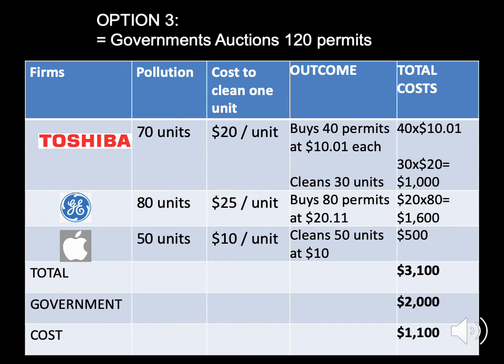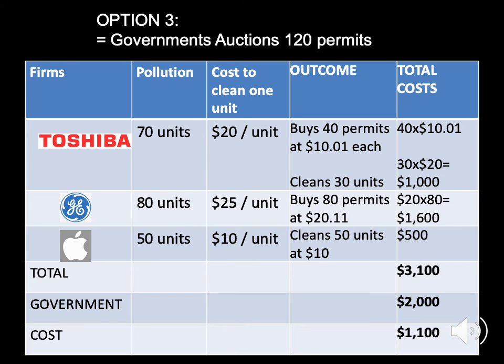Let's suppose they pay $10 for each, so their total cost would be 40 times the $10 that they paid for their permits, plus 30 units that they reduced in emissions, costing them $20 each. So their total cleaning up cost will be $1,000.